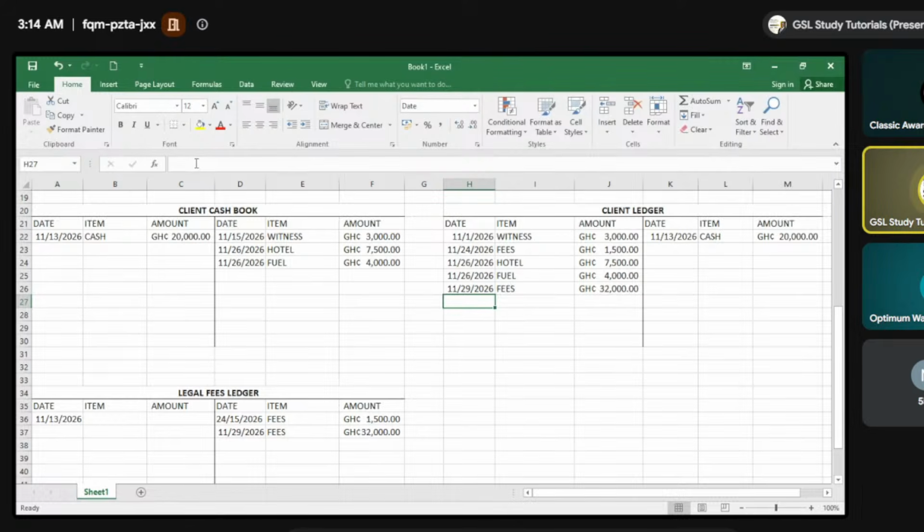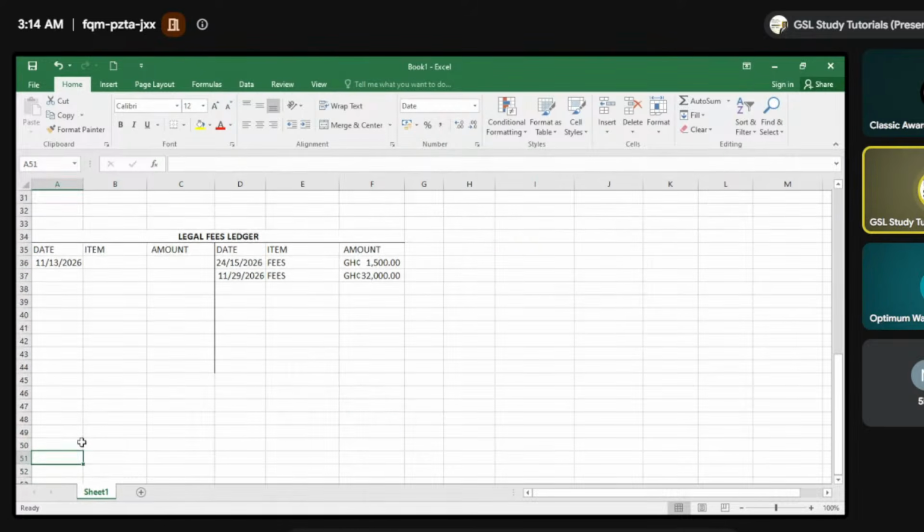Since we are preparing it for the client, we'll just use two accounts. We'll use the office account, and then we'll use the client account. We just have to produce the entries there. So basically, this is what I'm referring to.